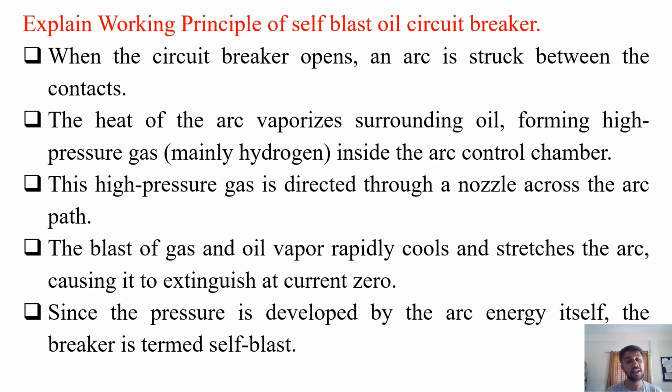This high pressure gas is directed through a nozzle across the arc path. The blast of the gas and oil vapor rapidly cools and stretches the arc, causing it to extinguish at the current zero interval. Since the pressure is developed by the arc energy itself, the breaker is termed as self-blast oil circuit breaker. So this is how the self-blast oil circuit breaker works.